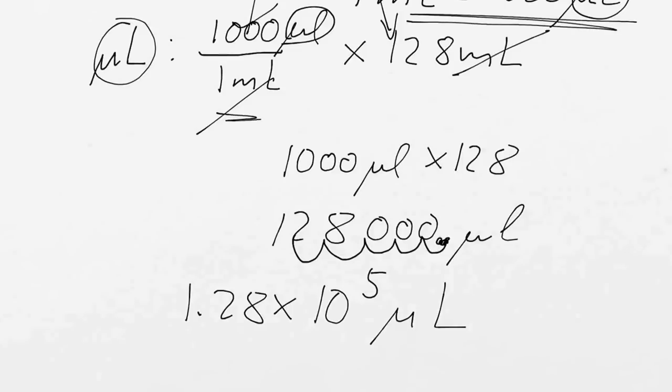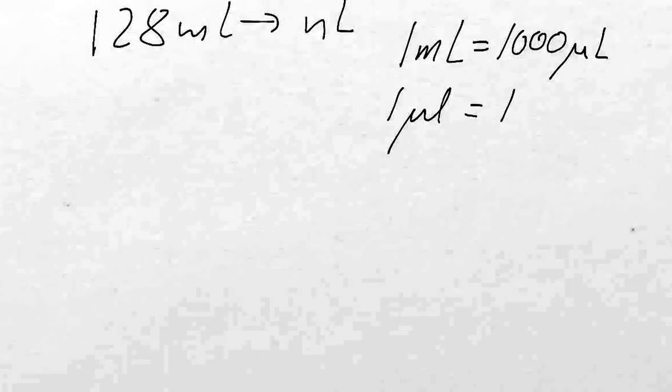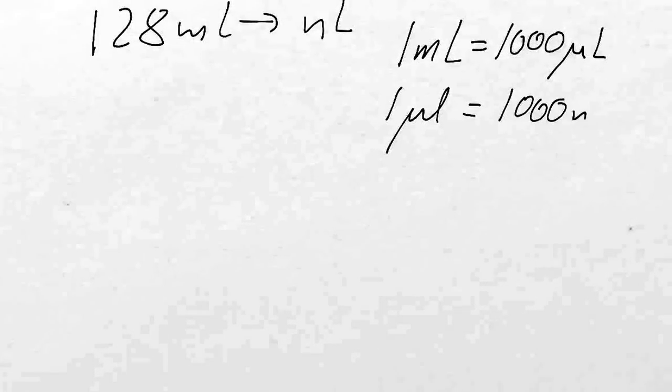Of course, I can do that with the nanoliters as well. So if I've got 128 milliliter, and I want this now in nanoliter. So I know that 1 milliliter equals 1,000 microliter, and 1 microliter equals to how many nanoliters? 1,000 again. 1,000 nanoliter.